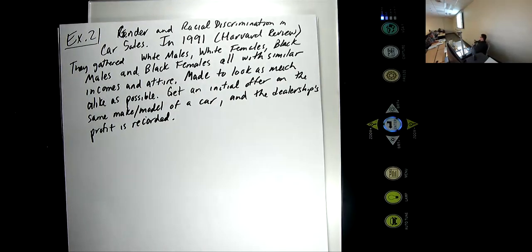That's a lot. They try to make them look as much alike as possible, but it's kind of hard to make a black male look like a white female. I only really know of one person that's pulled that off, Michael Jackson. But everybody else, that's a rough twist. So just leave that part as is.